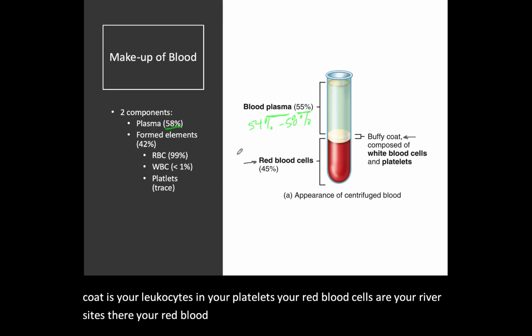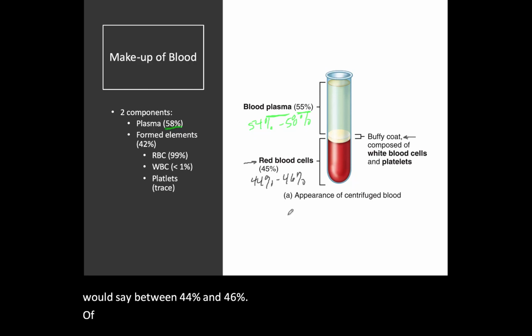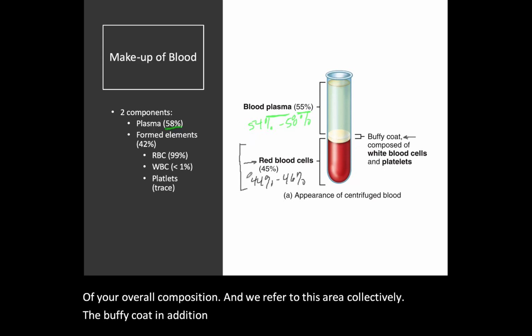And together they make up about 45, I'd say between 44% and 46% of your overall composition. And we refer to this area collectively, the buffy coat in addition to the red blood cells, as being the formed elements.